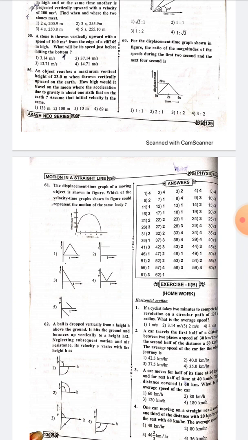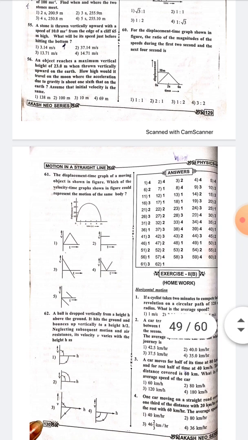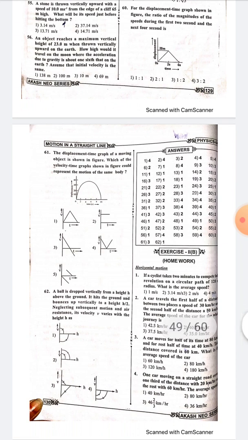Okay, so let us discuss the 55th sum. Friends, read the 55th sum. An object reaches the maximum vertical height of 23 meters when it is thrown vertically upwards on the earth.